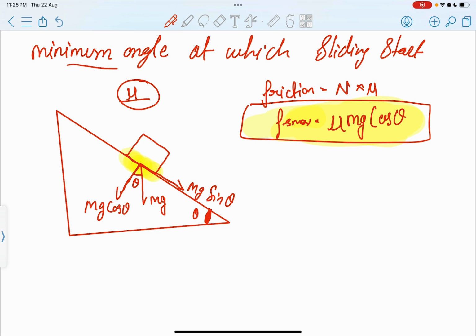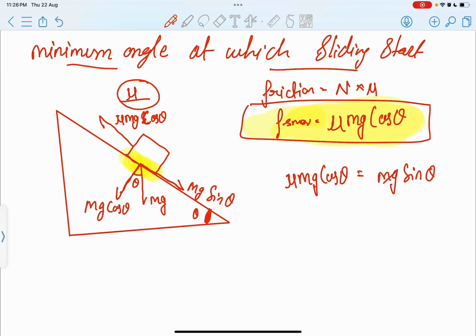If the block starts sliding, first I would like to write the friction here, mu mg cos theta. If the block starts sliding, then it must be mu mg cos theta equals mg sin theta, and that is the law. So mu mg cos theta is equal to mg sin theta.